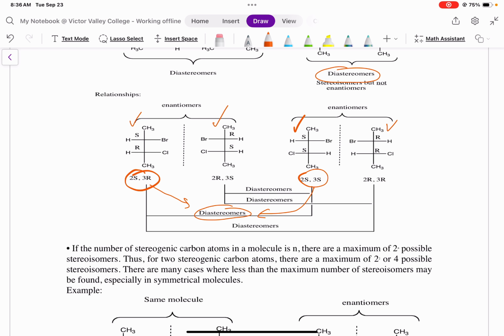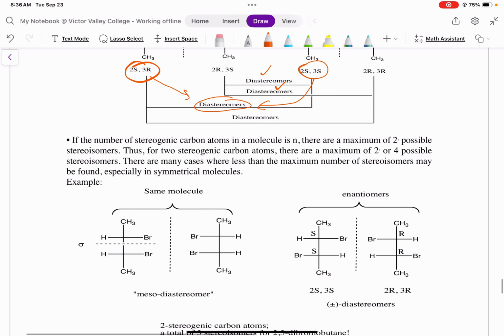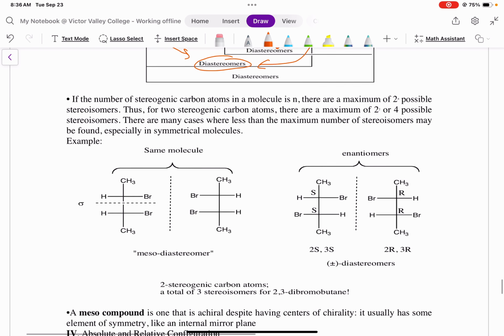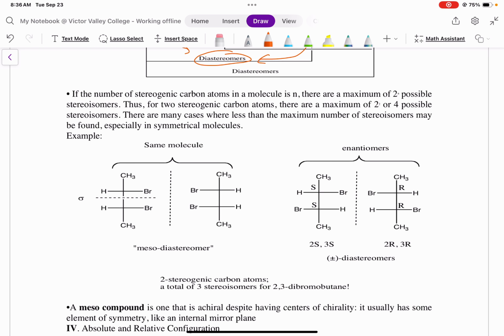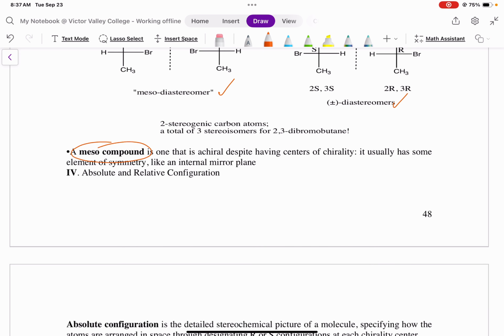Okay. Yep. Or you can pick another pair as well. Here's more examples of diastereomers. Again, a meso compound is one that's achiral, although they have chiral carbons.